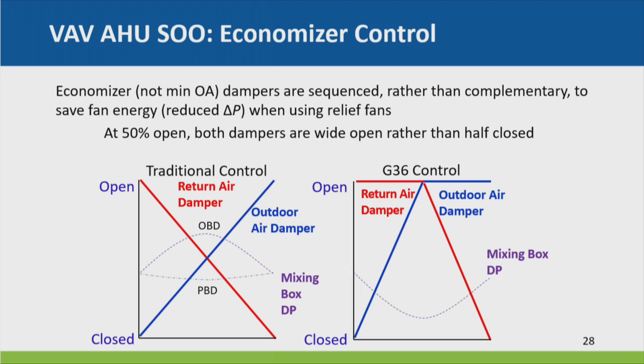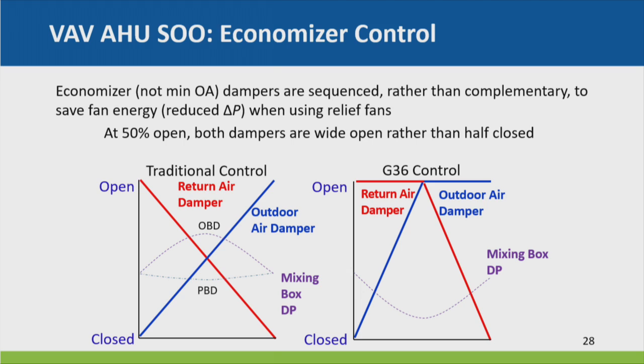The reason for that is that if you think of an opposed blade damper, at 50%, it doesn't have a lot of open area, right? Whereas a parallel one is like this, it's got tons of open area. So the percent position is not the same. So this is sort of a disaster, right? It ends up using a whole bunch of energy for no reason at all. So in the Guideline 36 sequences, we sequence them.